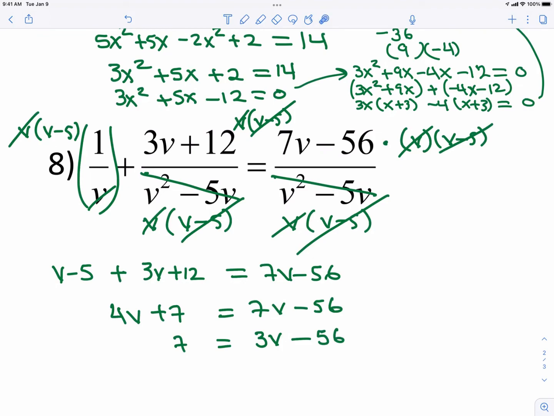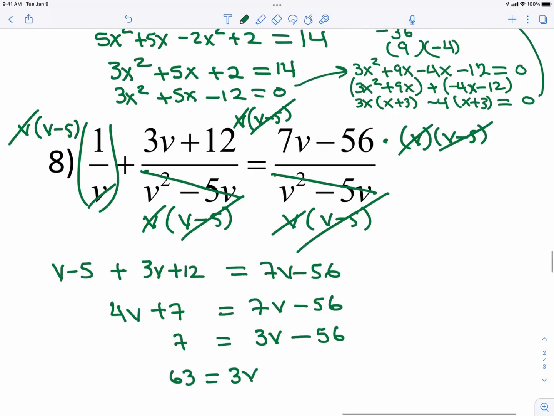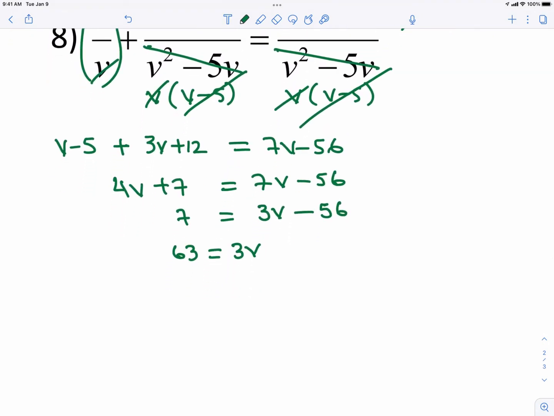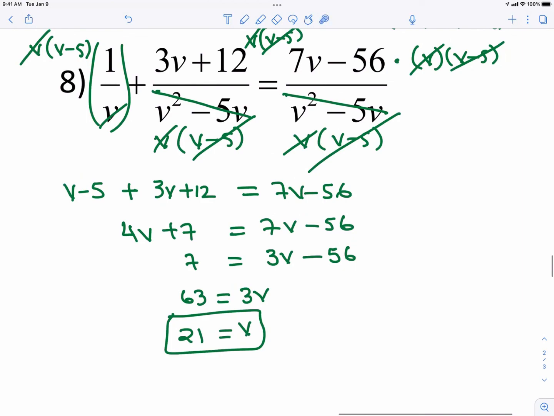And now let's go ahead and add 56 to both sides. 56 plus 7 is 63. 63 equals 3v, and let's divide by 3, so v is going to be 21. That is a valid answer because it does not make any of these denominators 0, so v is 21.